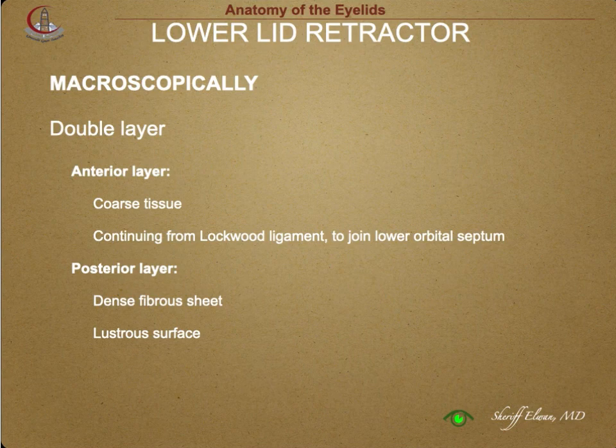The anterior layer is coarse and rough, the posterior layer is dense and lustrous. The anterior layer is a continuation from the Lockwood ligament. The Lockwood ligament is condensation of Tenon's capsule under the globe that helps to suspend the globe in the orbit. Extension from the Lockwood ligament to join the lower orbital septum.